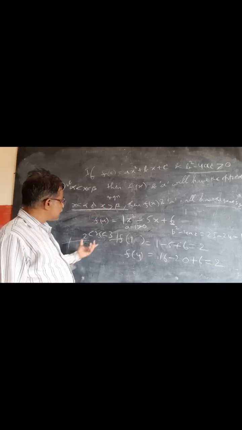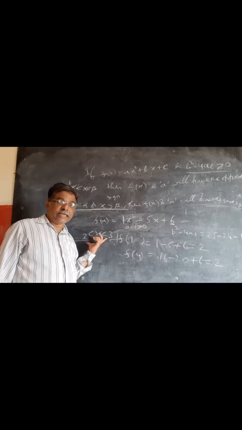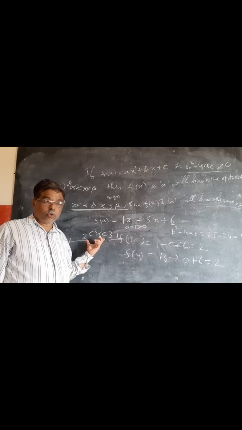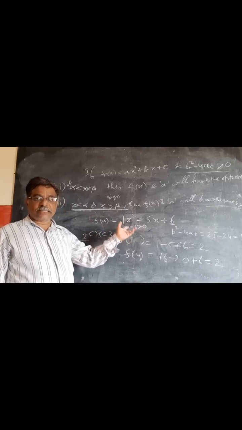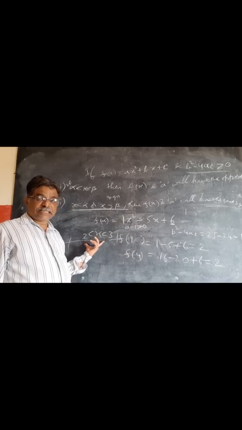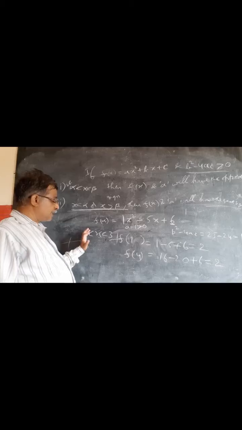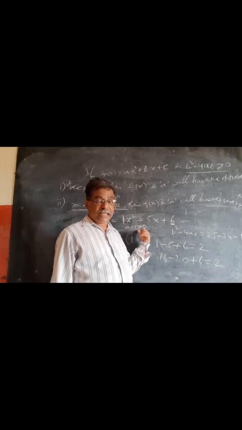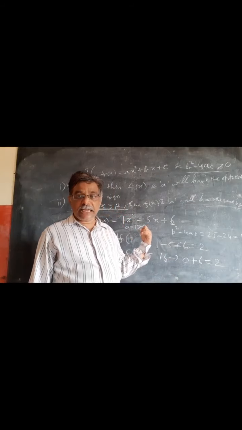Previously, when x lies between 2 and 3, f of x is always negative for any value between these two because a is positive. So opposite sign of a if x lies between alpha and beta. If x does not lie between alpha and beta, on the left side of alpha or right side of beta, I always get the same sign as that of a.